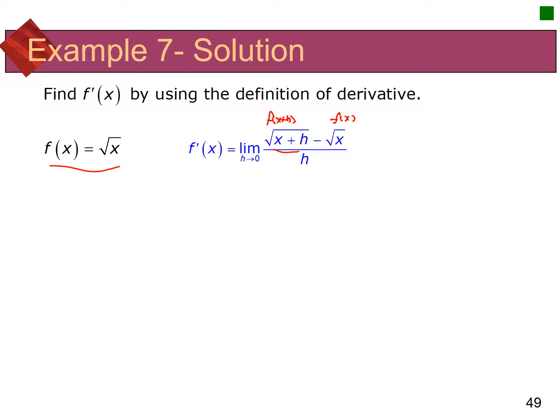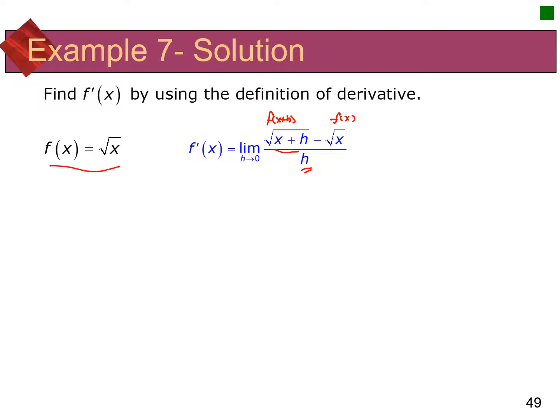I still want this h down here to eventually cancel, because if I plug 0 in for the h's, I end up with square root x minus square root x on top, which is nothing, 0. I end up with 0 in the denominator, so I have that 0 over 0 again. I have to simplify this somehow. So how do I do that? Well, in instances where I have roots involved, in this case we usually don't do too much more complicated than the square root.